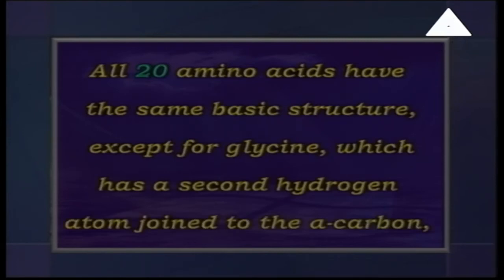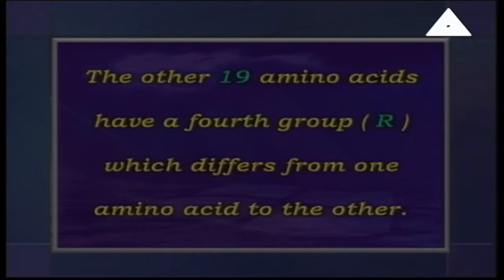All 20 amino acids have the same basic structure, except for glycine, which has a second hydrogen atom joined to the carbon. And the other 19 amino acids have a fourth group, R, also called the terminal group, which differs from one amino acid to the other.